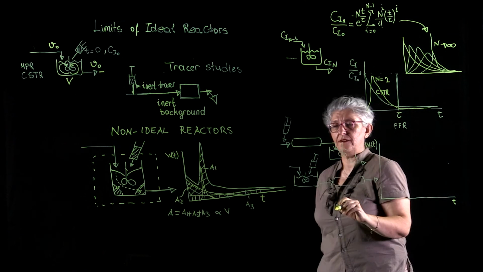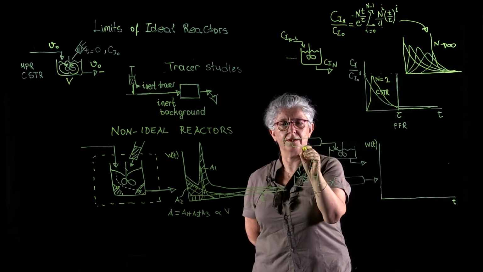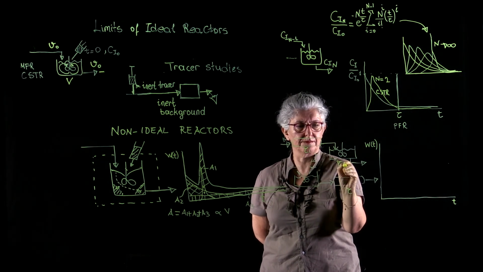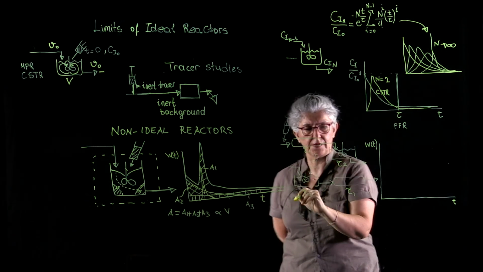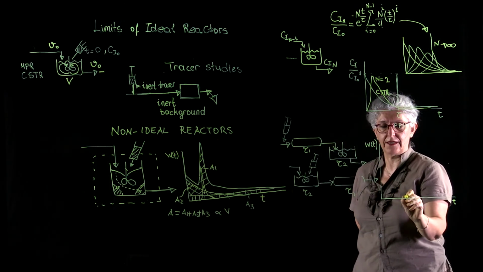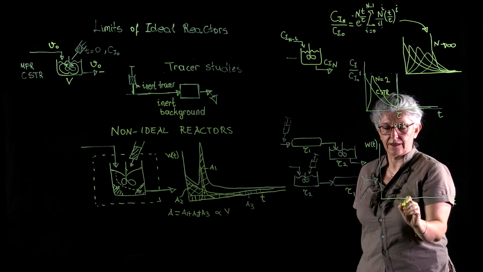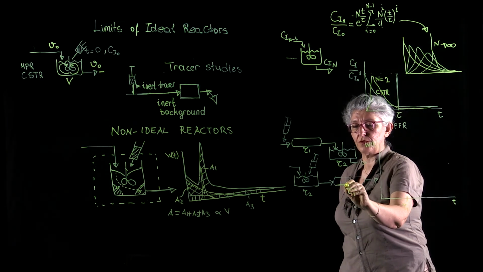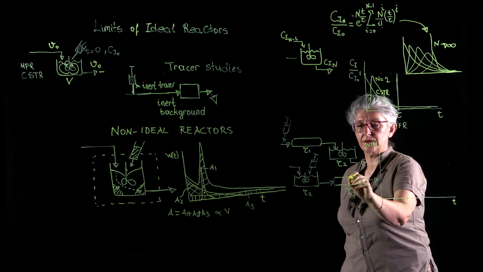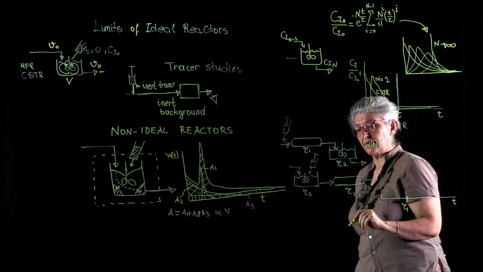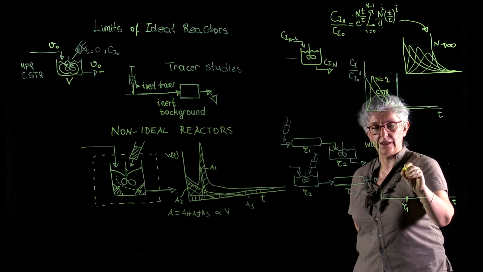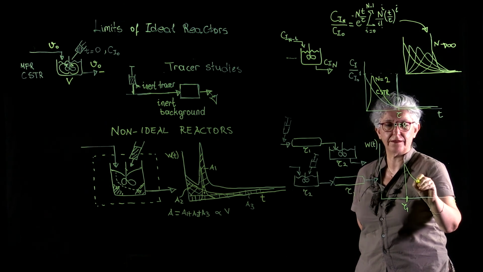We are going to have a delay that is going to correspond to the plug flow reactor. It doesn't matter whether the plug flow reactor is before or after the CSTR. Then immediately after, we have the CSTR behavior.